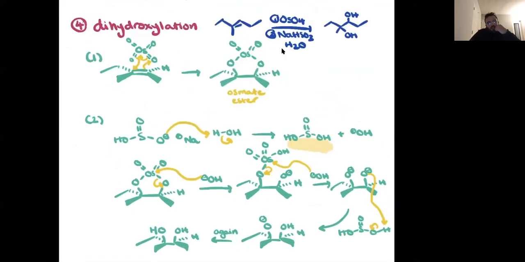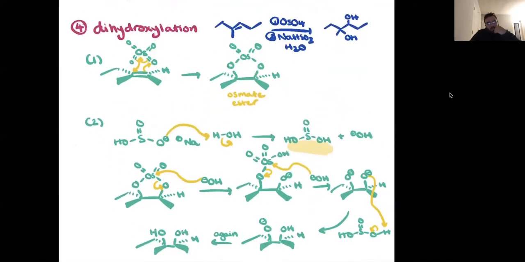Cool, and that is your dihydroxylation. Cool, bit of a unique mechanism, involves a lot of work with your metal there, but still it's a pretty decent reaction to work with nonetheless. Okay, because you have two alcohols on opposite sides of your double bond.